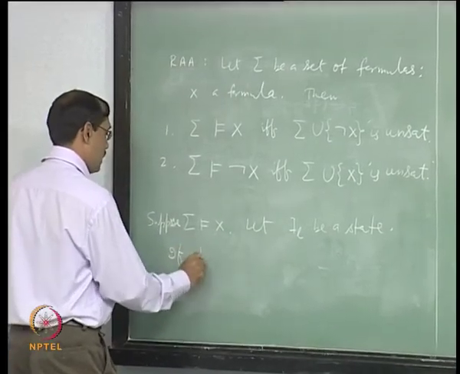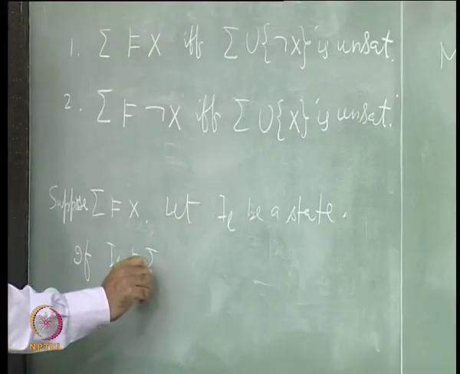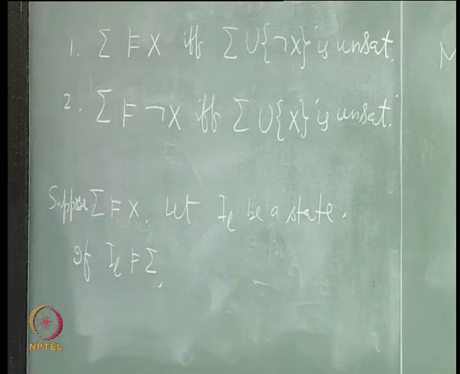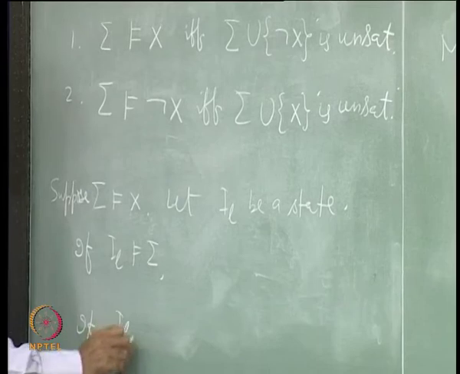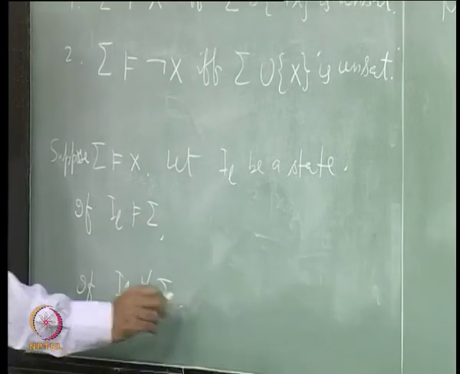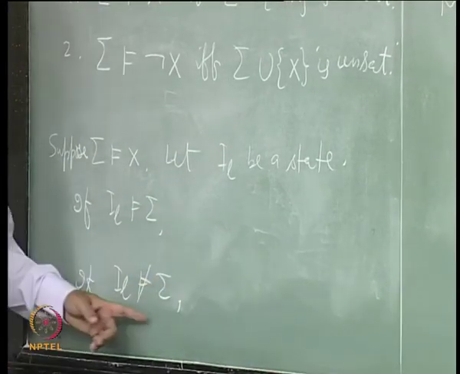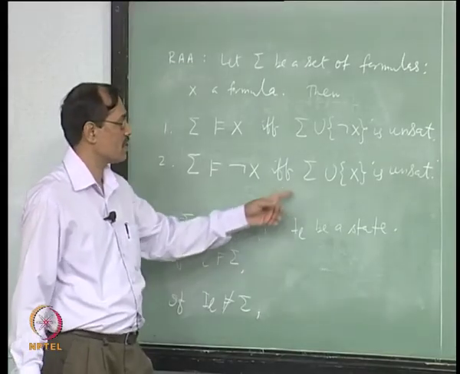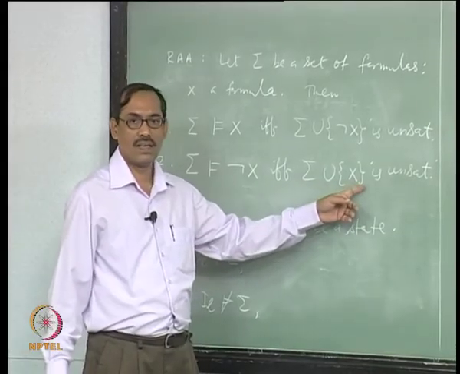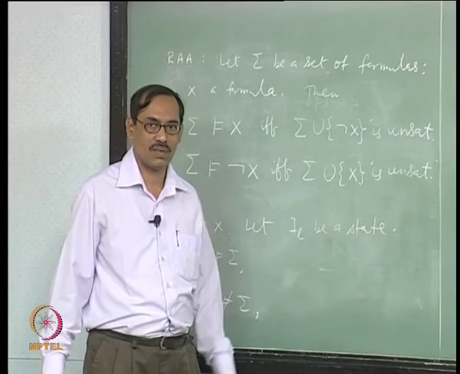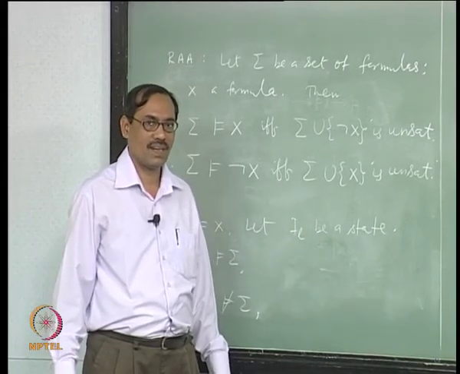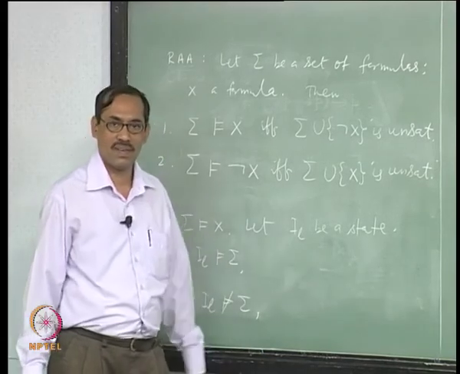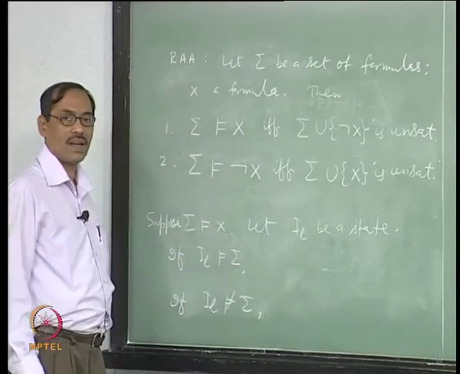If IL satisfies sigma, there are two cases, IL satisfies sigma or IL does not satisfy sigma. So, if IL does not satisfy sigma, then there is nothing, IL does not satisfy sigma union not x also, whatever that IL may be, monotonicity, right. So, this becomes unsatisfiable.